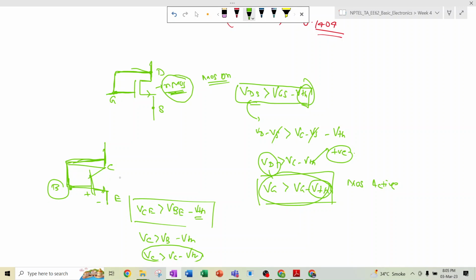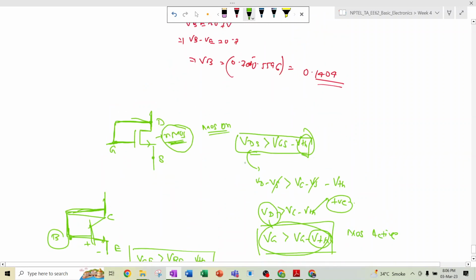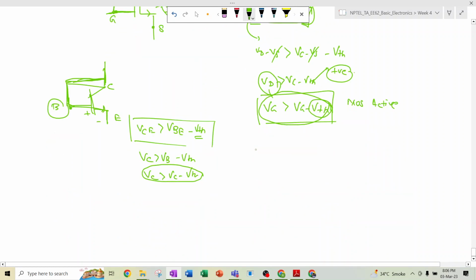But here it is bipolar, that means there are holes and electrons both, majority and minority. In case of NPN, electron is the majority, in case of PNP, hole is the majority. So that is why the BJT is known as bipolar and MOS is unipolar. I think Professor Patil will discuss more about that when he talks about MOS.